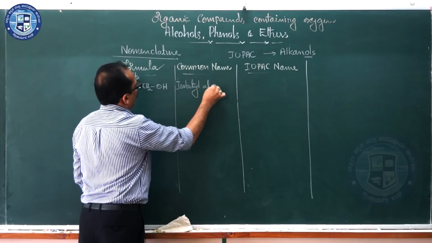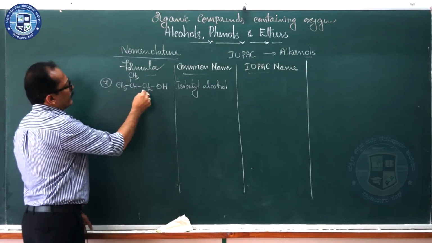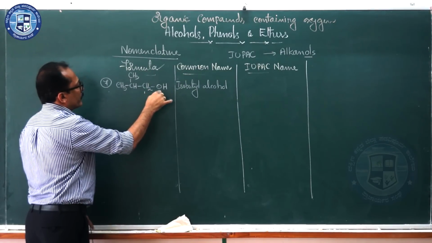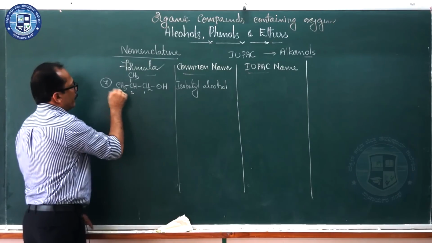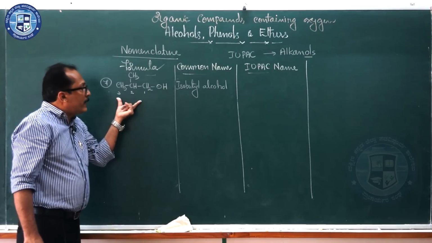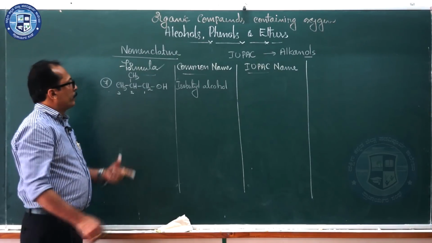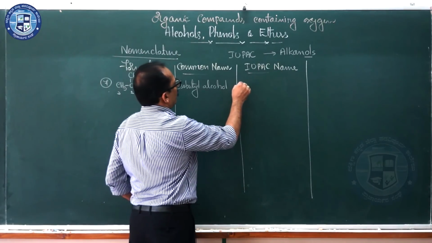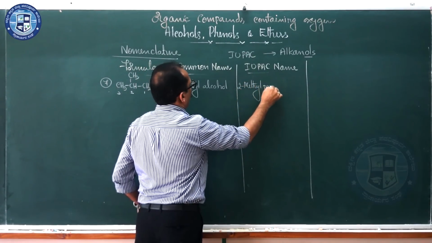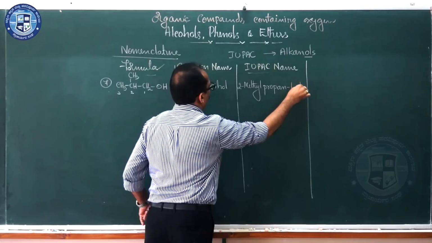Now, the IUPAC name for this compound: this is the first carbon where the OH group, the major functional group, is attached, then the second carbon atom, third carbon atom. So while numbering the carbon chain, you have to give the least number to the carbon which carries the OH group. What is the IUPAC name for this? 2-methyl propan-1-ol.